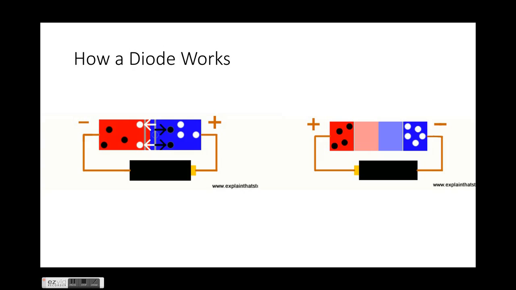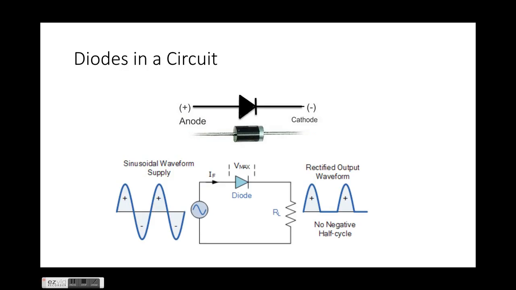So now that we know how a diode works, let's see how a diode works inside of a circuit. Looking at the circuit below, we have a sinusoidal waveform going into a diode and a half wave coming out as our output.